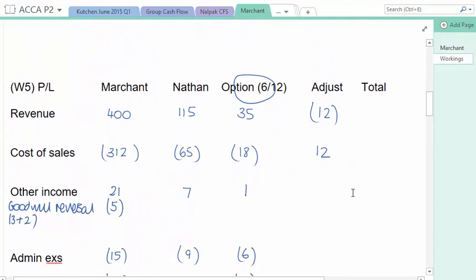So what we can now do is start to tidy things up. So I've got a revenue figure of 538, cost of sales 383.